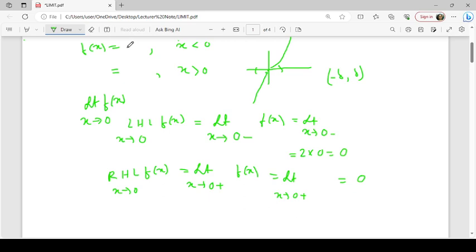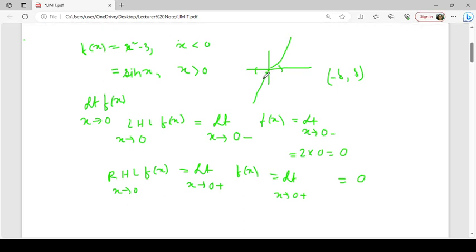Say f(x) is equal to x square minus 3 when x is less than 0, and when x is greater than 0 it is sin x. So this is also a function. x square minus 3 is a parabolic curve, and the graph will be somewhat different.